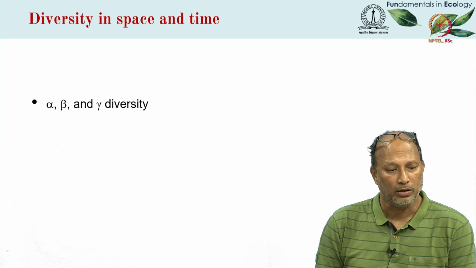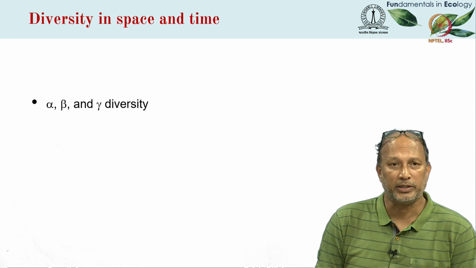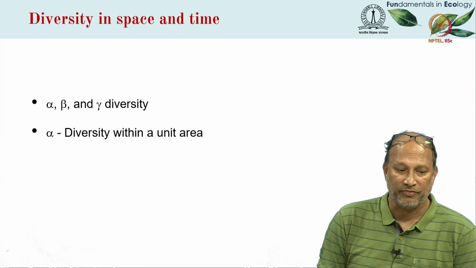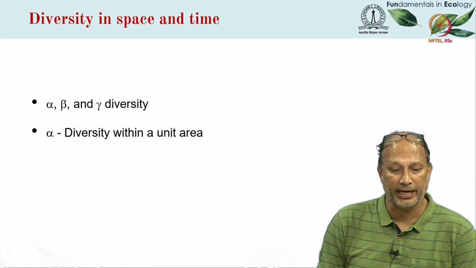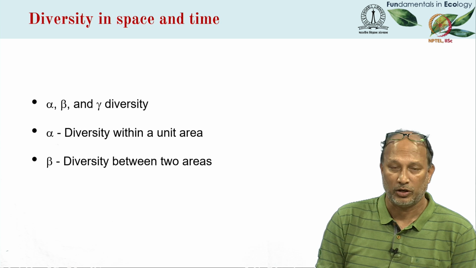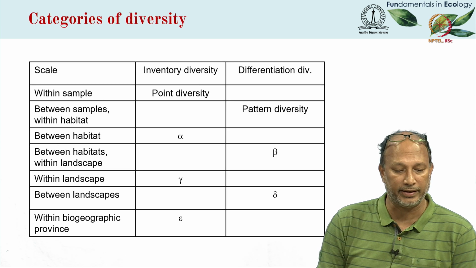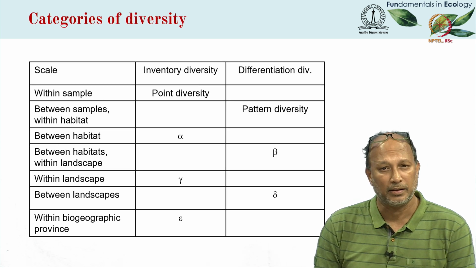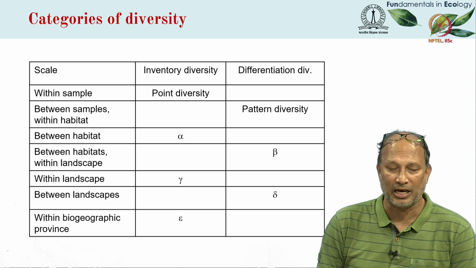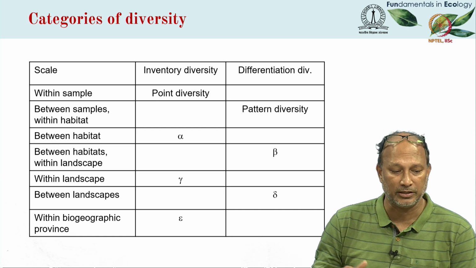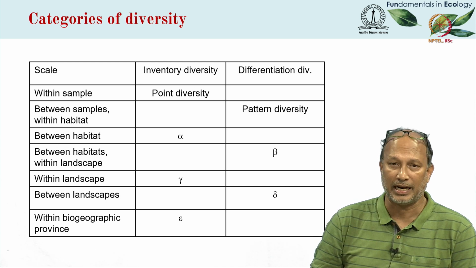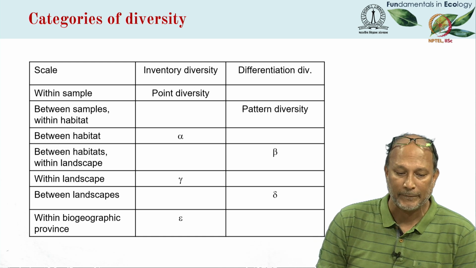Now, if you will recall, we had touched upon the idea of alpha, beta and gamma diversity. Alpha is essentially the diversity within a unit area. Beta is the difference in diversity or differentiation diversity between two areas, and this can be examined over multiple scales: within samples, between samples, within habitat, between habitat, and at landscape scales and at the biogeographic province scale.